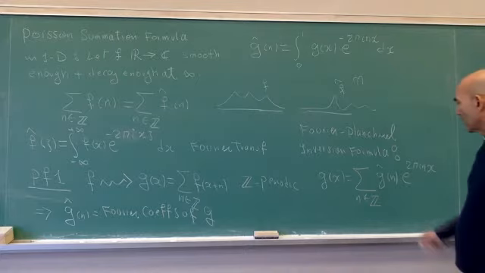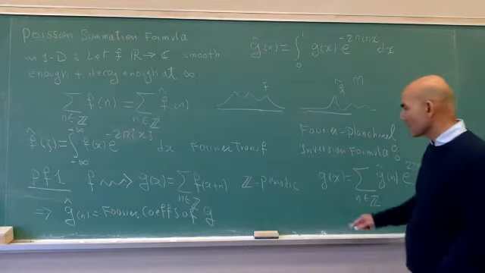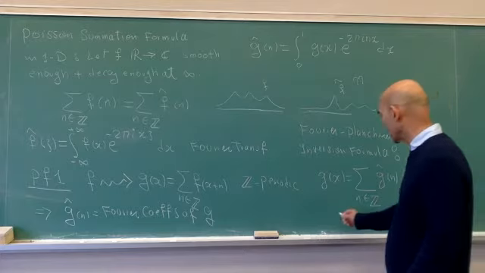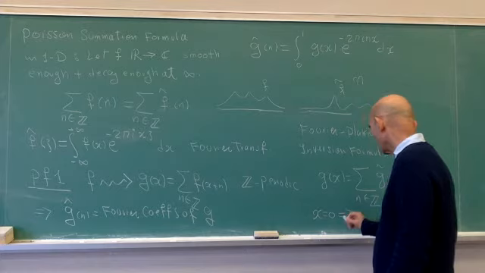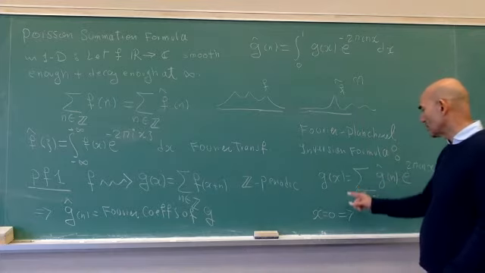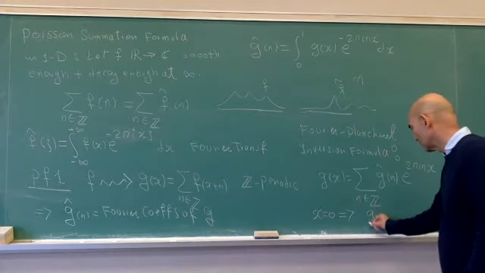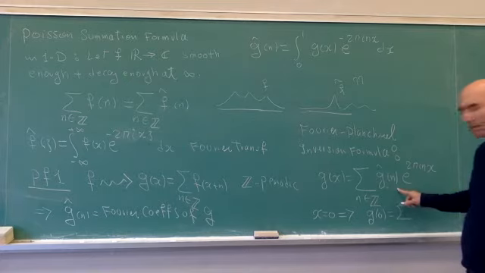Now, in particular, if you put x equal to 0, then you get that g of 0 is the sum, on the right-hand side, of g hat of n.